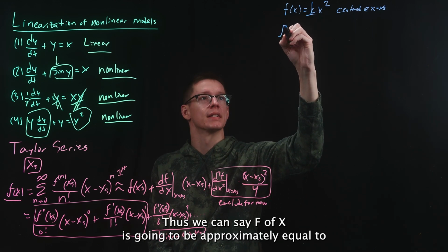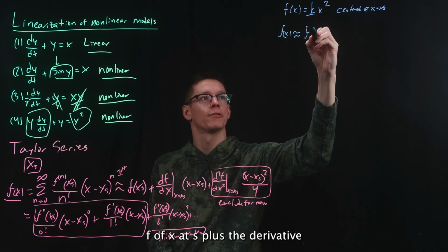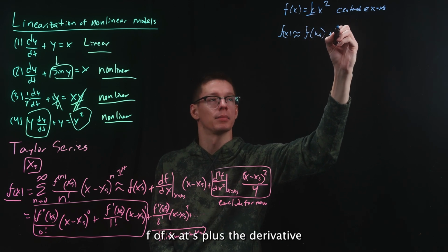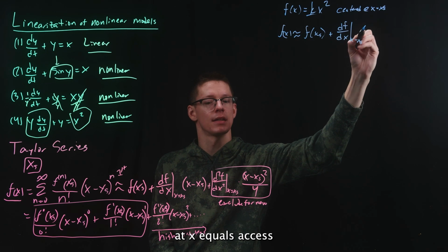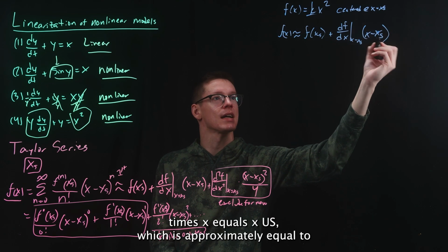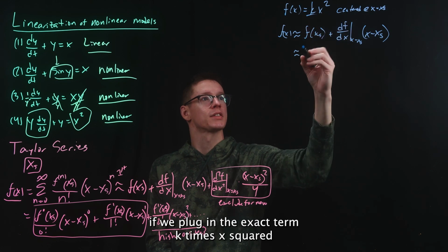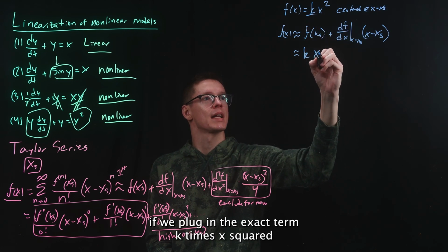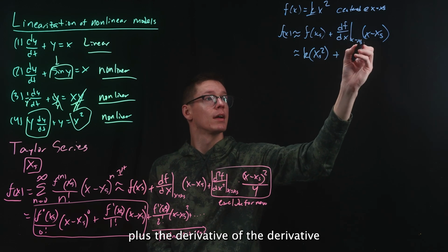Well, we can take this function to be true. Thus, we can say f of x is going to be approximately equal to f of xs plus the derivative at x equals xs times x minus xs, which is approximately equal to, if we plug in the exact term, k times xs squared plus the derivative.